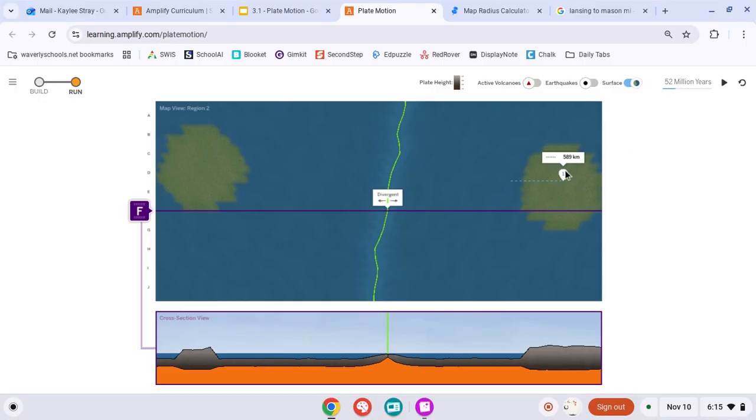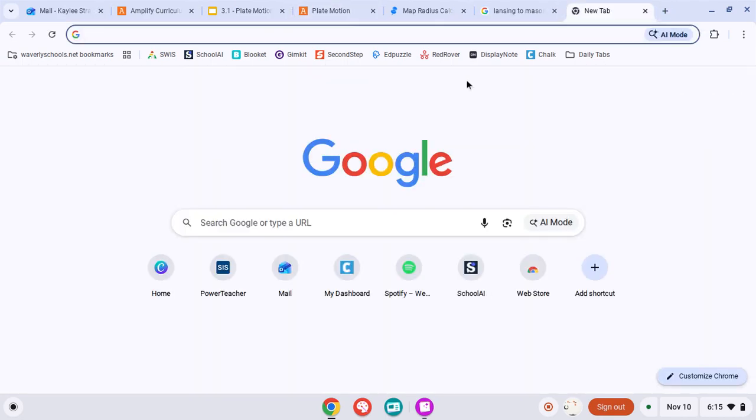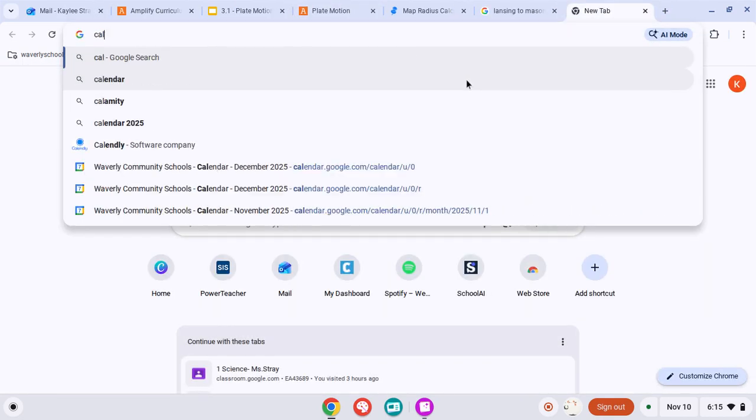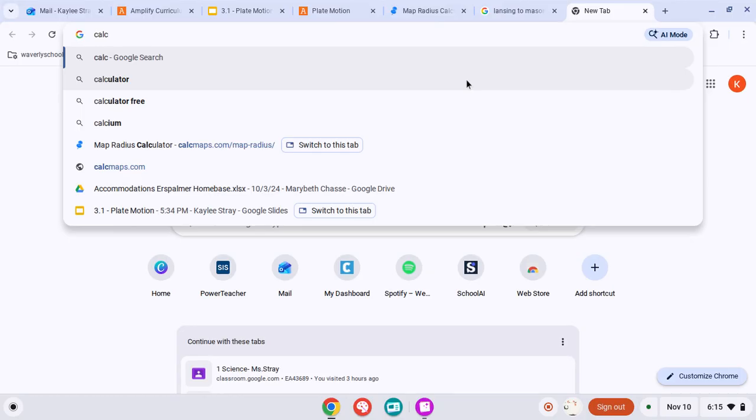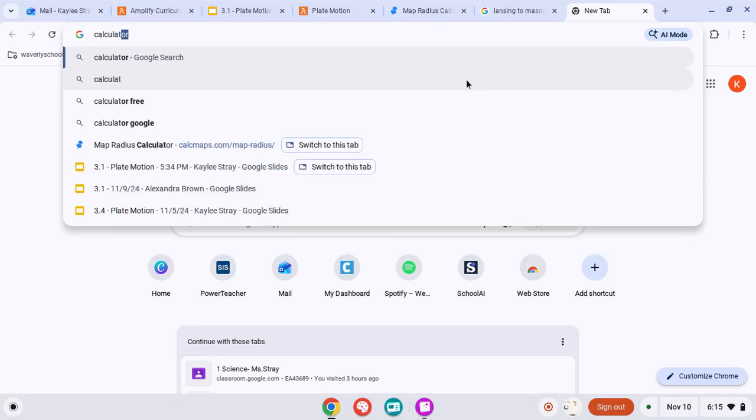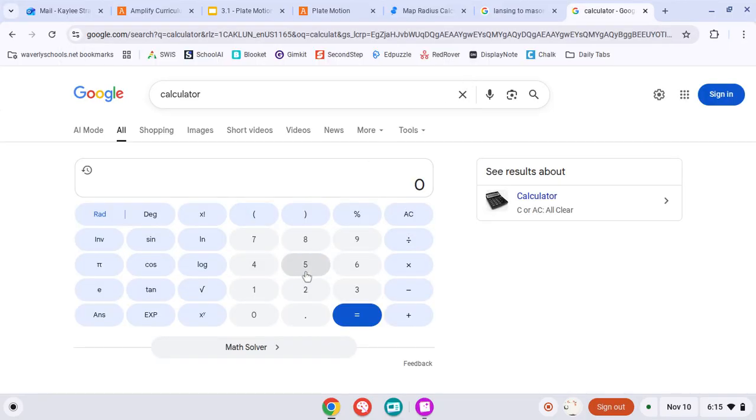To do that, I take the distance, 589, and I'm going to do it on my computer calculator. I'm going to take my distance, 589, and divide it by the amount of time that the simulation ran. This was 52 million years, mind you.